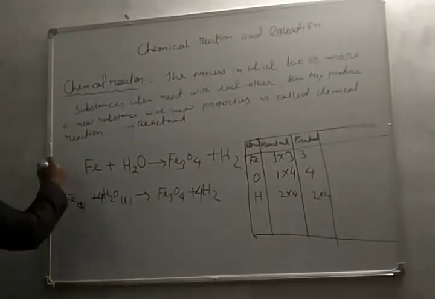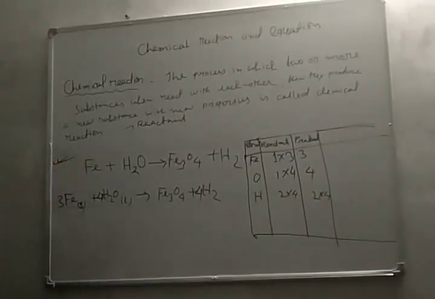So thus you can balance an equation. It will be easier for you when you take a lot of chemical reactions and try to balance them by yourself. Then it will be easier for you to balance any kind of equation.